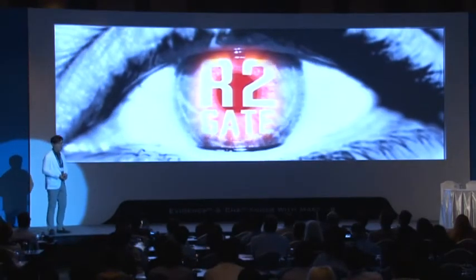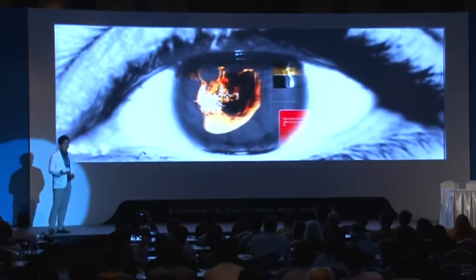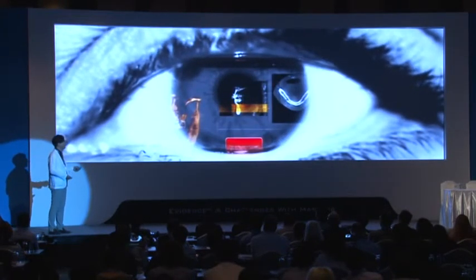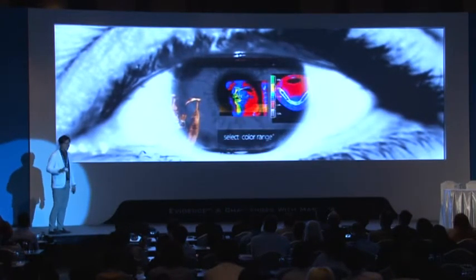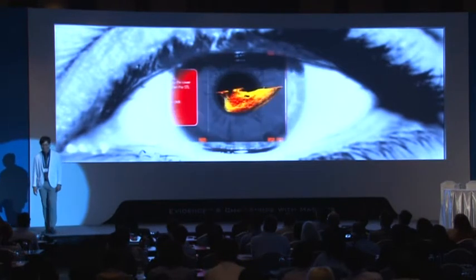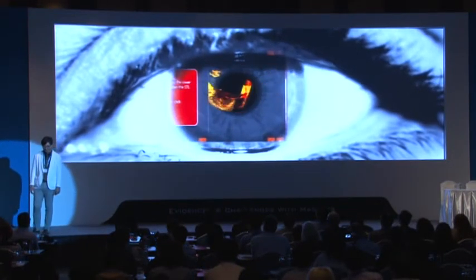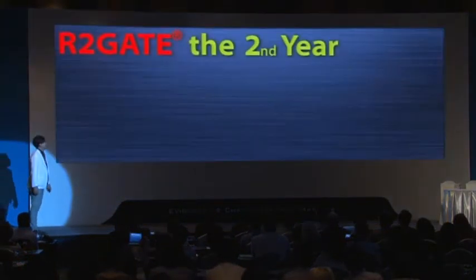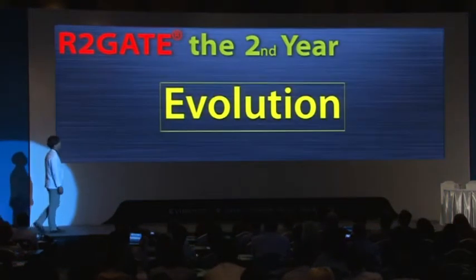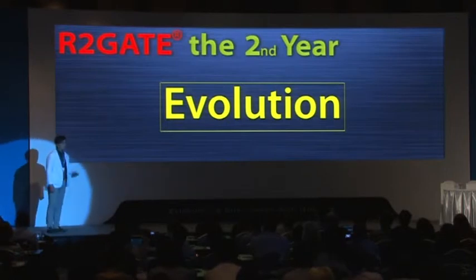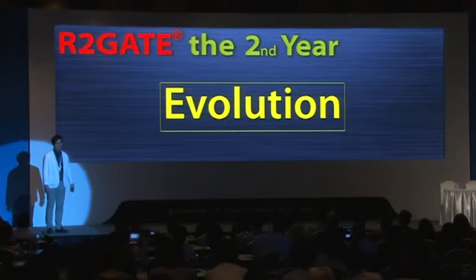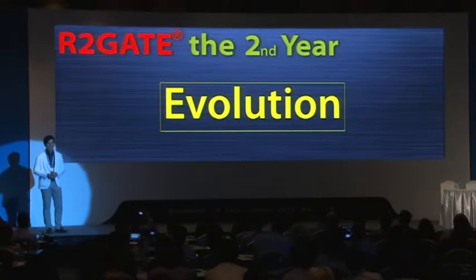And I'll show you the R2GATE second year. This is the key factors of this year's R2GATE. To talk about the second year of the R2GATE, the keyword is evolution. We are going on evolution during 10 days.